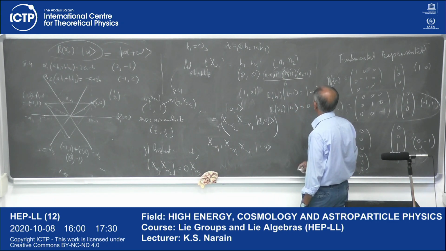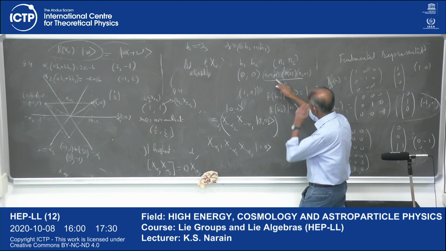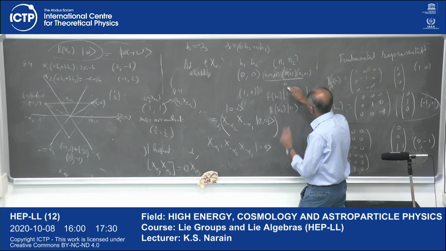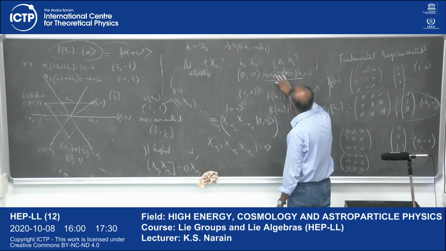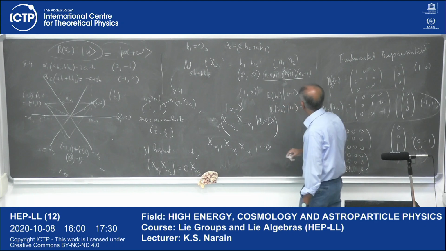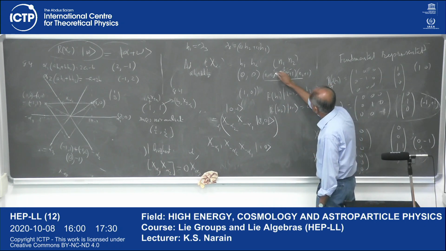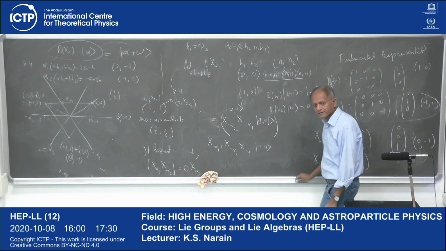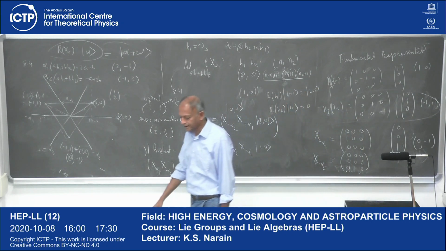Let's see. 2 times 2, 4, times 3. No, that cannot be. I don't remember the formula now. Okay, I will find the formula and let you know next time.